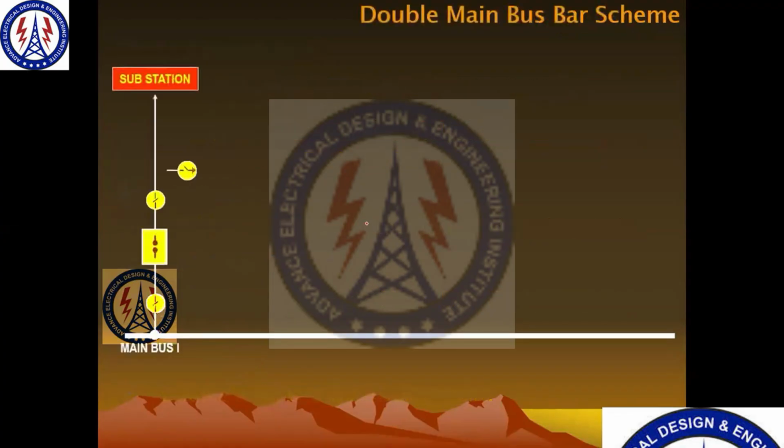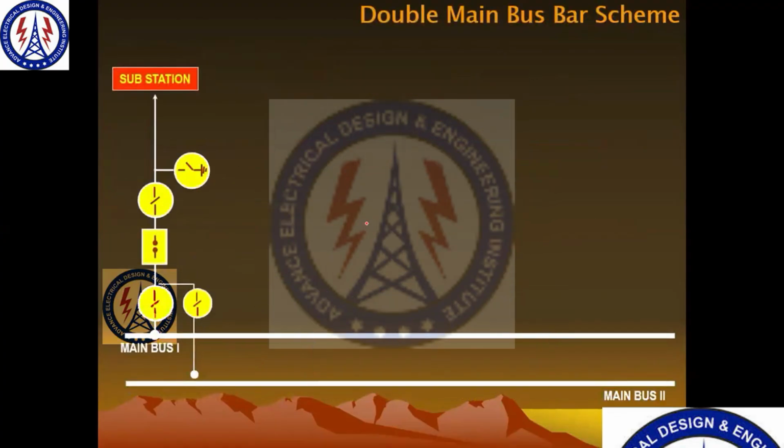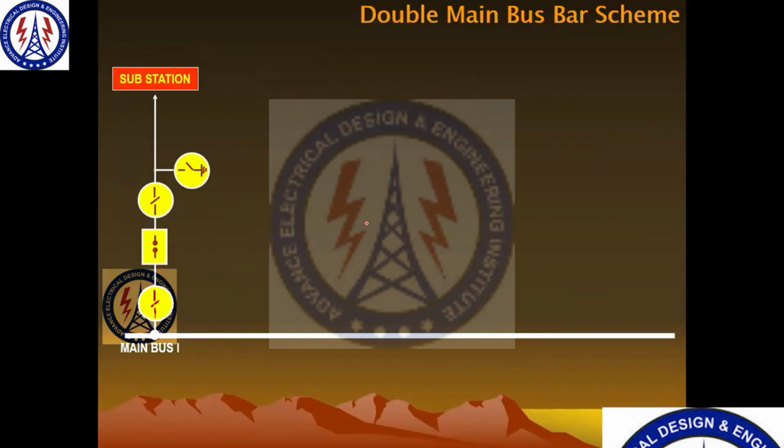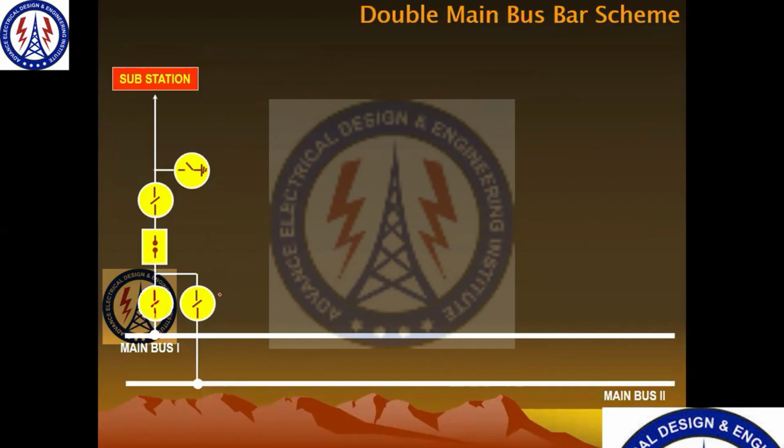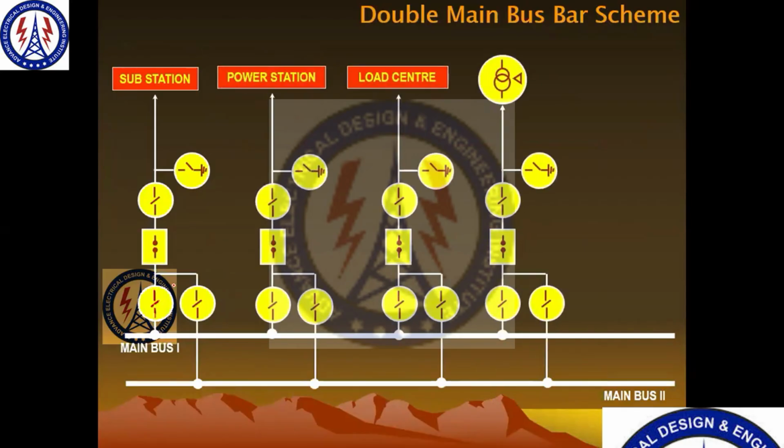So in this, if you see, this is again the same feeder or same bus bar. Then here we have bus bar 2 and we have the connection this way. Can anyone tell what is the difference between the main and transfer and this double bus bar scheme, connection wise?